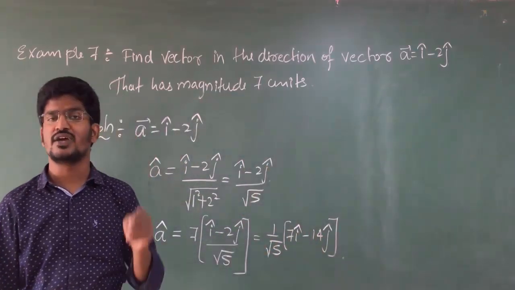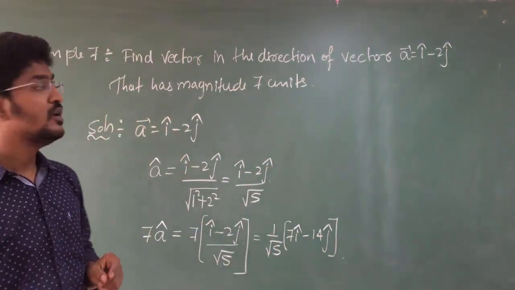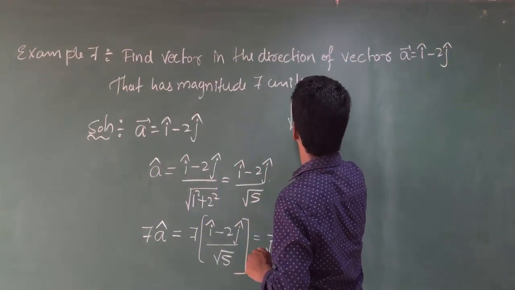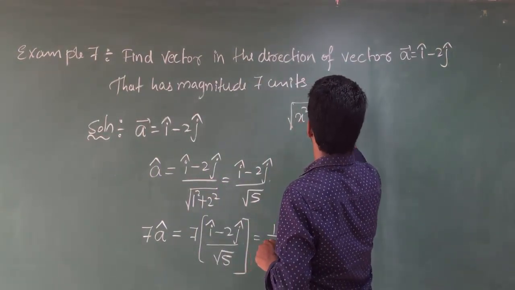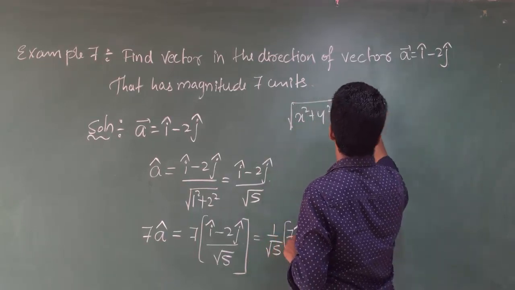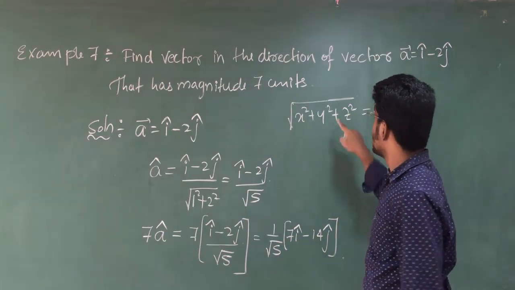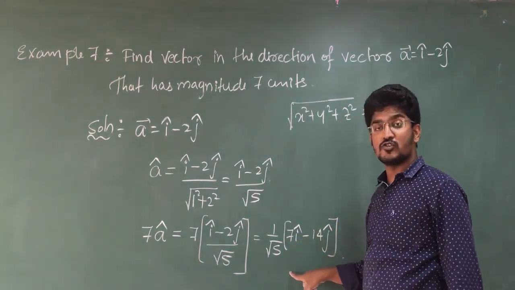Definitely you are going to get 7 as the answer, because you know the formula for finding the magnitude, that is root of x square plus y square plus z square. This is the magnitude of vector A. You can apply this formula to this particular question.